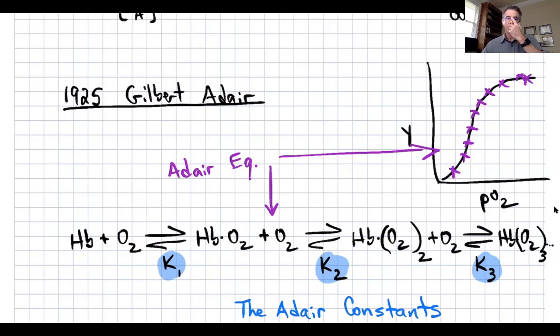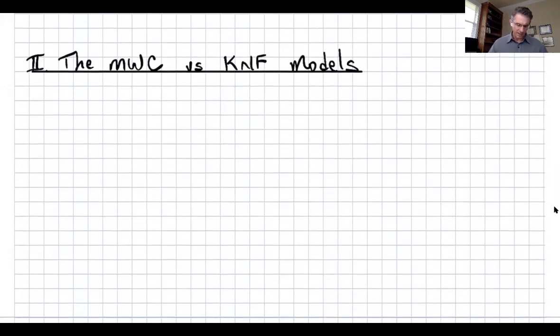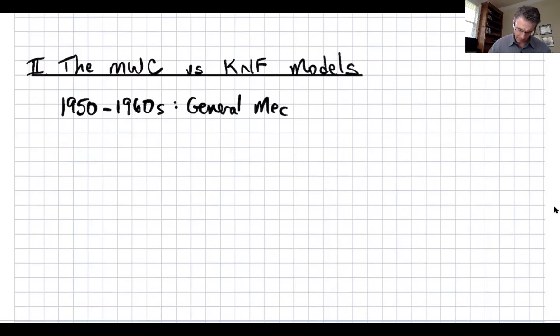That's more or less where things sat for about 30-ish years, when in the 1950s and 1960s, 2 different groups, following 2 different approaches to thinking about this problem, came up with the first general mechanistic models of cooperativity.